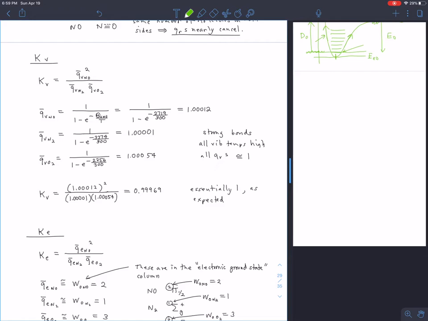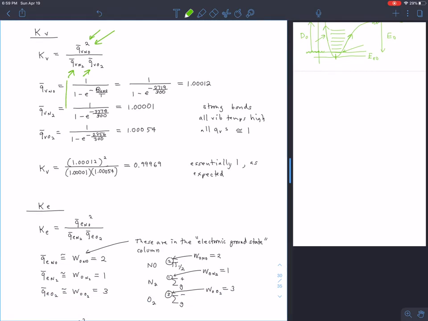Now the vibrational factor. Again, it's the vibrational partition functions for NO squared, because there's 2 of them, divided by the vibrational partition functions for nitrogen and oxygen. Here are the vibrational partition functions. It's the same formula as before. I need the vibrational temperatures. Those came from that data table above. There was a column for vibrational temperatures as well. After that, I just have to plug in my 300K and the vibrational temperature and so on.